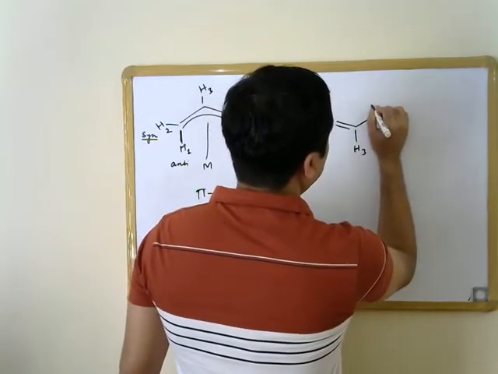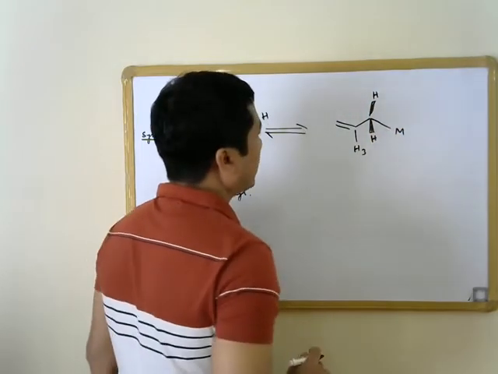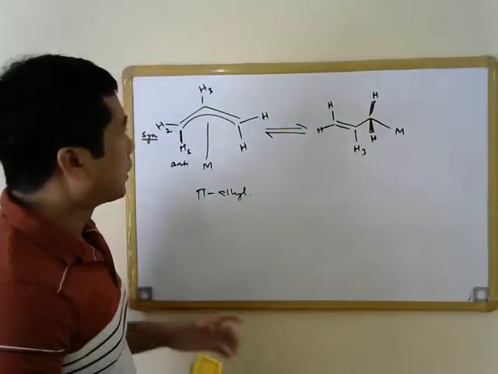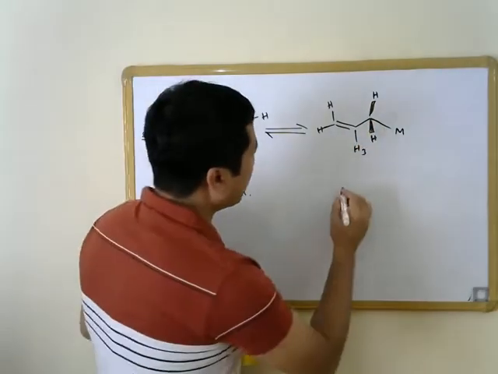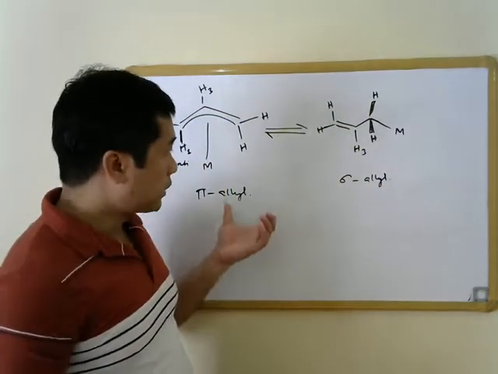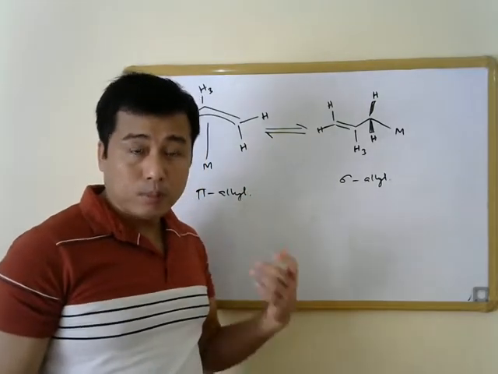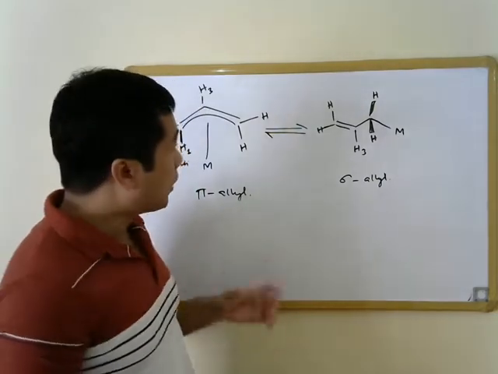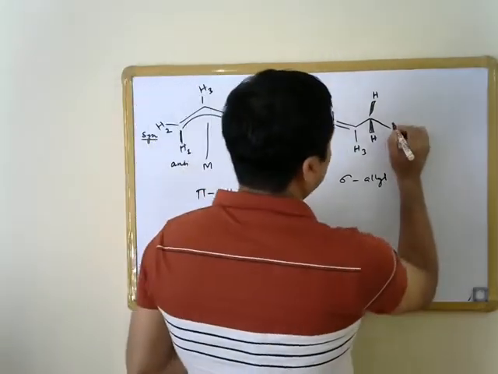This is H3, this is H, and this is also a hydrogen, so again these are the hydrogen atoms on the terminal carbon atom on the other side. Now a sigma allyl complex is formed from the pi allyl complex. We have earlier seen how one can make pi allyl complexes starting from sigma allyl complexes by the sigma pi rearrangement reaction. The reverse is also possible, and the sigma allyl complex can form.